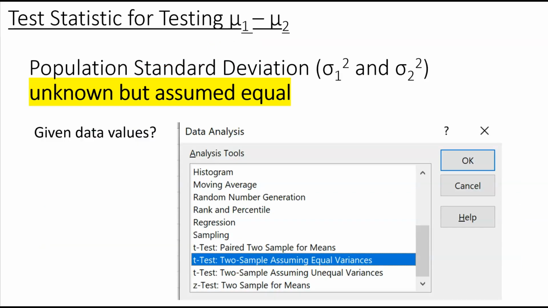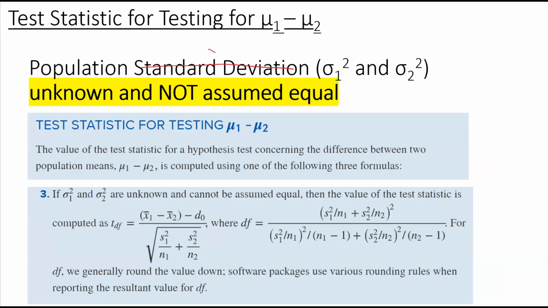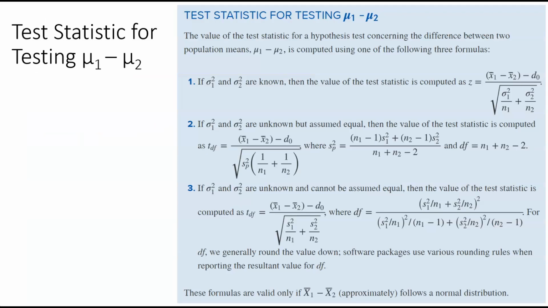And again, if we are given data values, we can use Excel. And again, unknown and not equal, then the test statistic will be right there. And for Excel, we'll use that. So here they all are. I would definitely make sure you've got these written down.